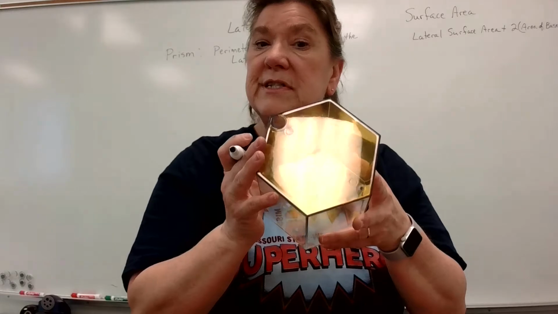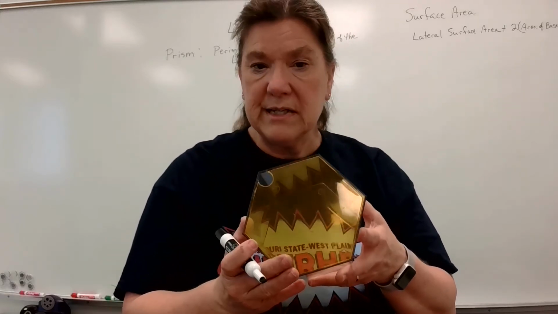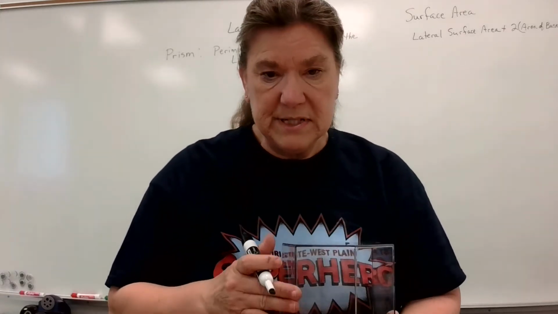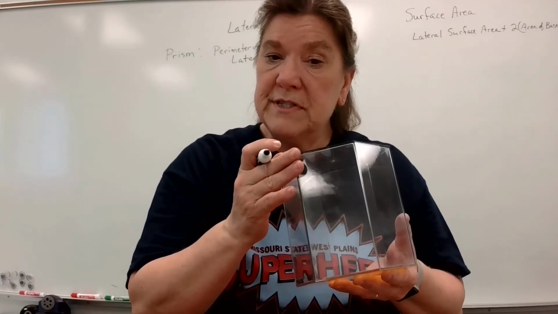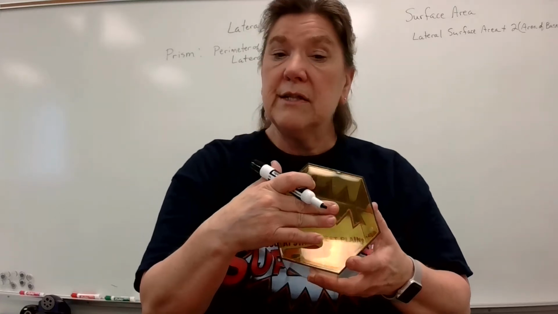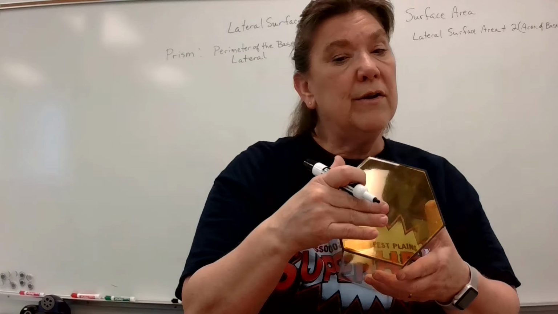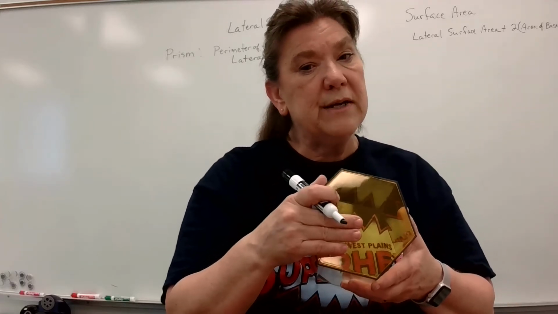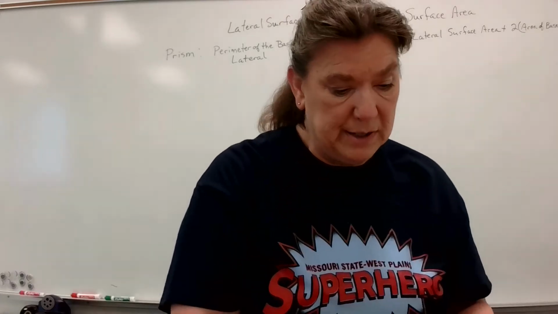Once you knew the side of the hexagon, you would be able to calculate the perimeter of this hexagon, multiply it times the height of the lateral, and that gives you your lateral surface area. Then you're back to looking at the base of it to get the surface area. And remember, it's 6 triangles, and all of those triangles are equilateral triangles, ones that we've already been working with, so you should be able to do that one.